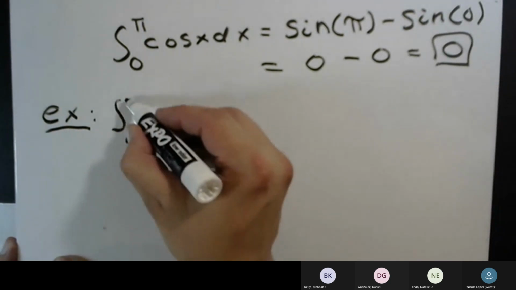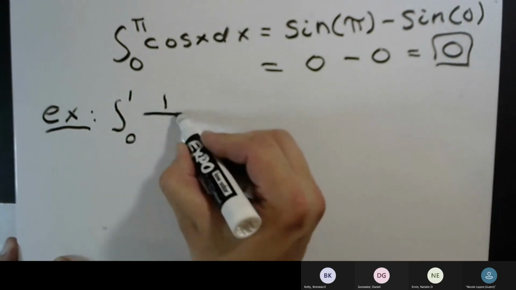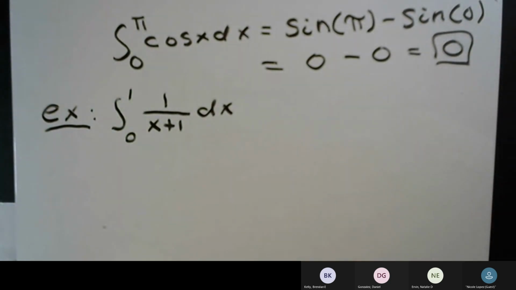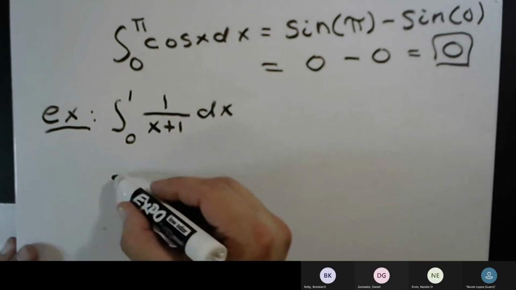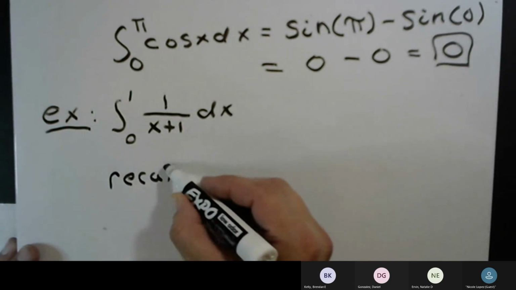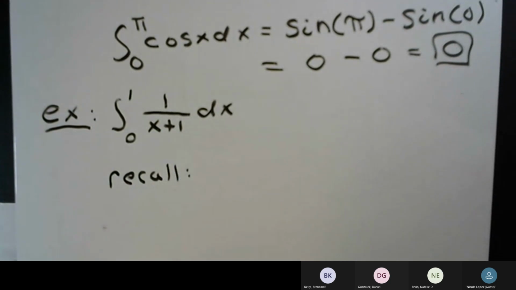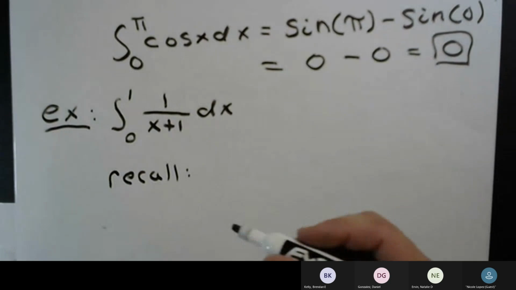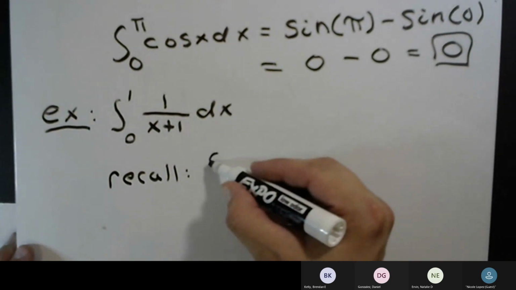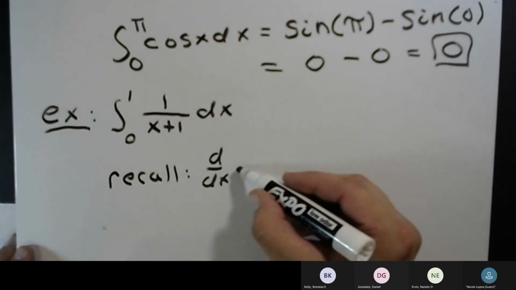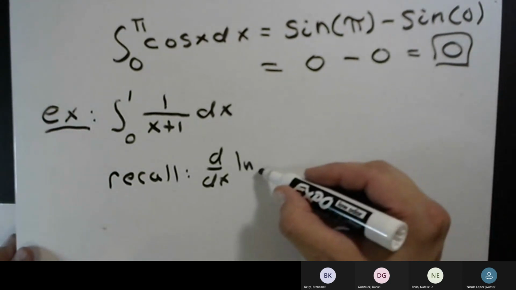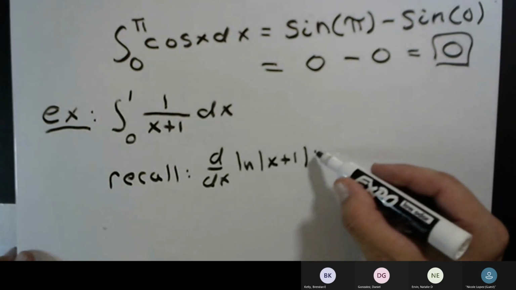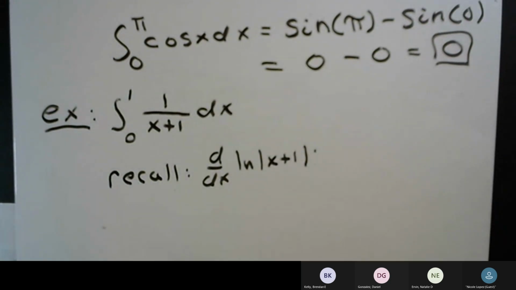So let's say we're going to integrate x plus 1 dx, 0 to 1. Now we could play around with this a bit. And we're going to talk about something called substitutions on Wednesday that will make this problem a little easier. Because you might not recall this, but if we take the derivative of the natural log, absolute value of 1 plus x, and let me double check this example real quick.